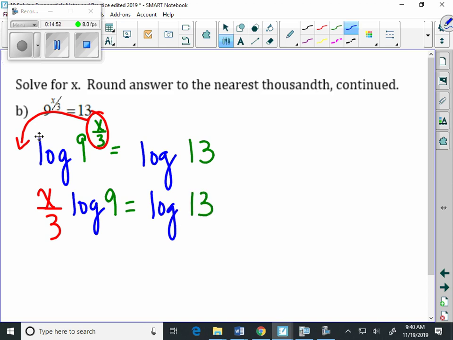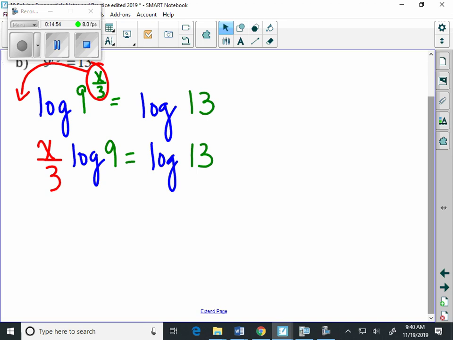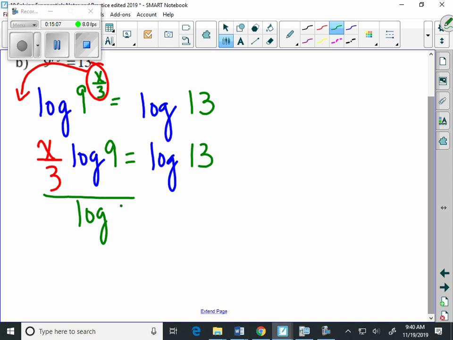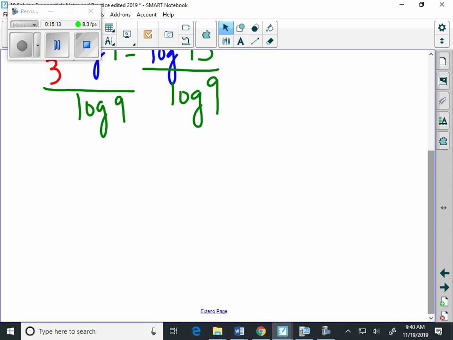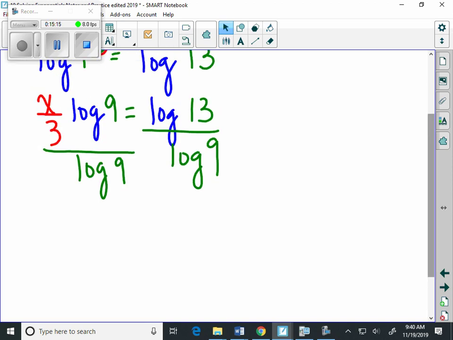And I'm going to solve this in 2 steps again. Let's deal with the logarithms first. So it's x over 3 times log of 9. Let's divide both sides by log of 9. When we divide both sides by log of 9, log of 9 cancels out on the left, and we're still left with x over 3.